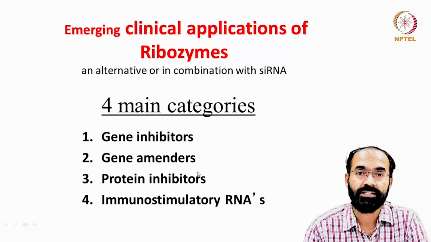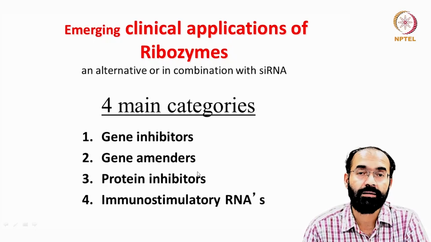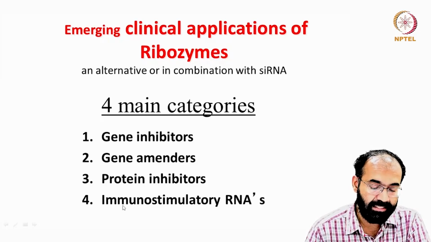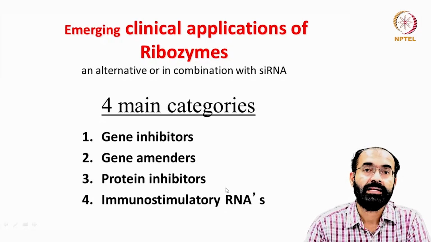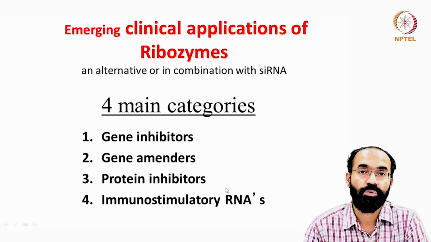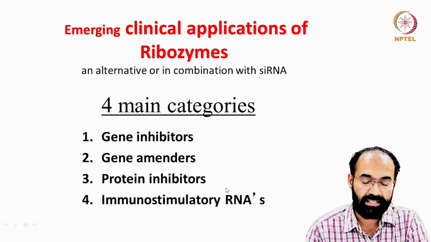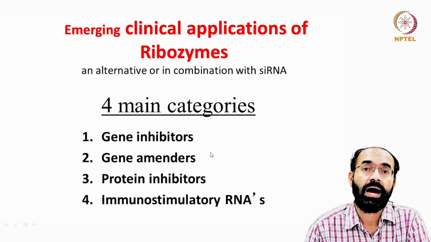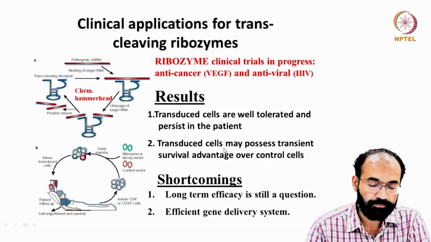Protein inhibitors mean that certain proteins alone can be inhibited. You don't want to degrade it, but you can inhibit it. And immunostimulatory RNAs are certain ribozymes used to induce immunogenicity in the host so that it can provide protection against certain foreign RNAs and proteins.